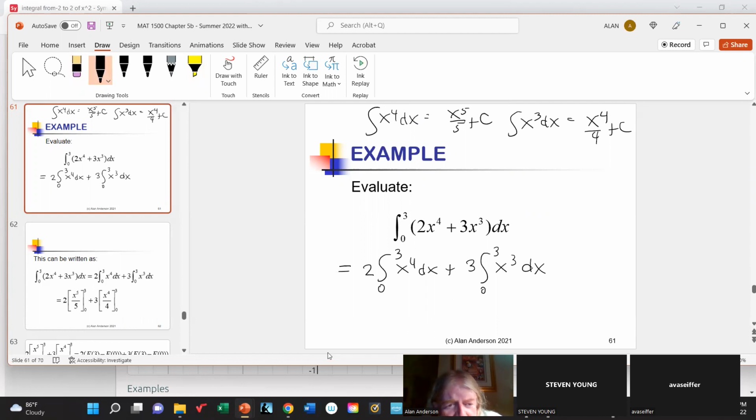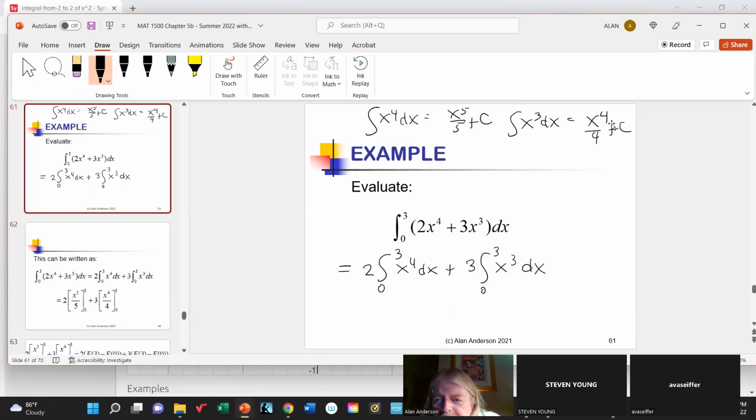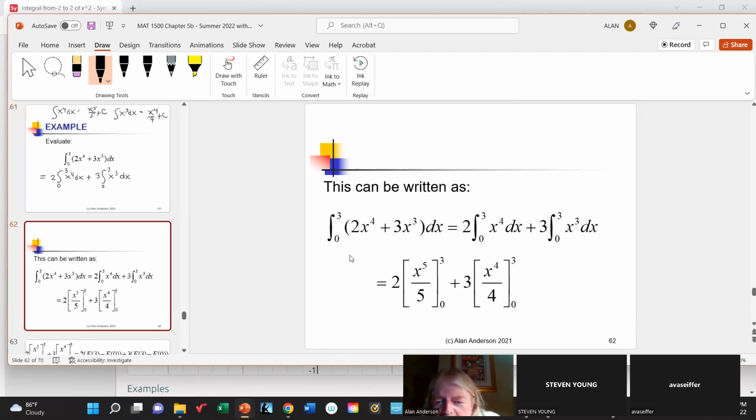So what we're going to wind up with, as you can see in the next page, is the x to the 5th over 5, but now evaluated between 0 and 3. And then we also have the second term, 3 times x to the 4th over 4, again evaluated from 0 to 3. So what are we actually doing here?